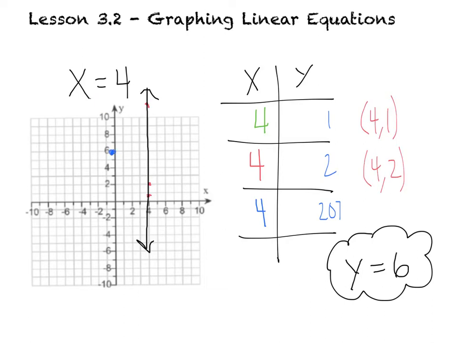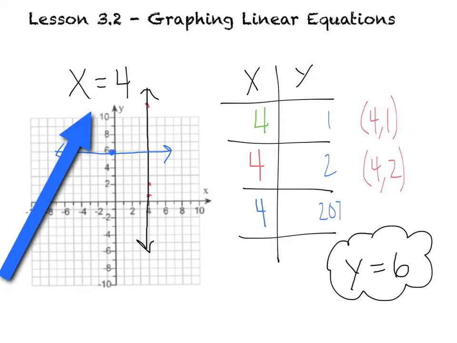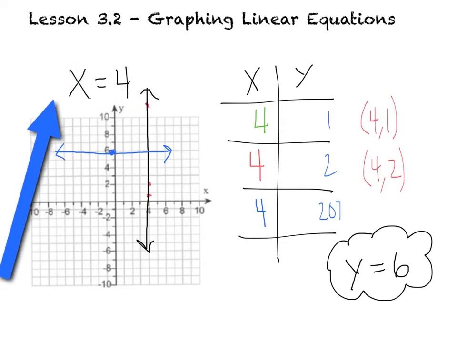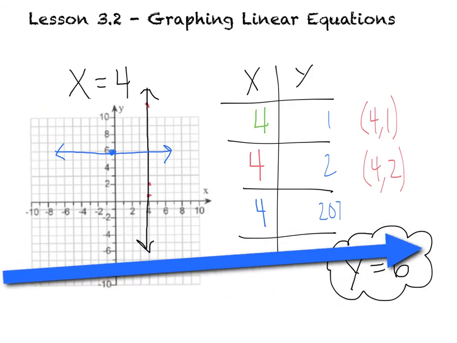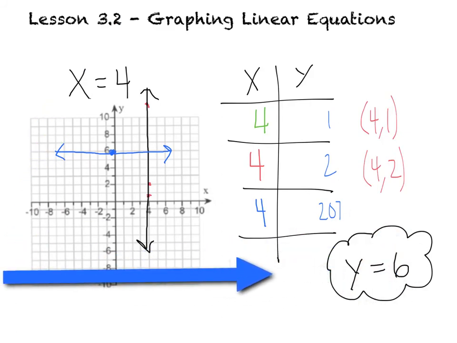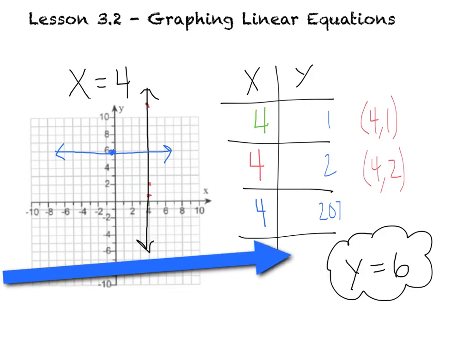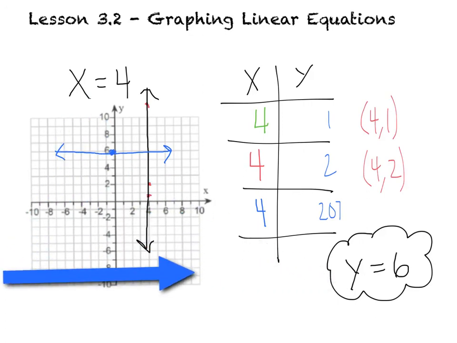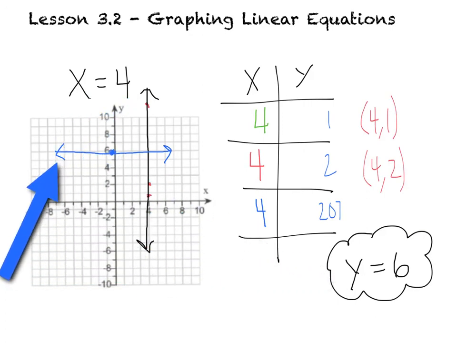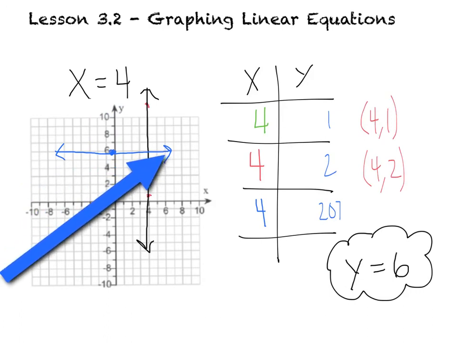And since it's never going to touch the x-axis, we can know that this is the line. So just a little shortcut. When you have special cases like x equals 4 and there's no y, or y equals 6 and there's no x, you can know that these special types of problems create vertical and horizontal lines.